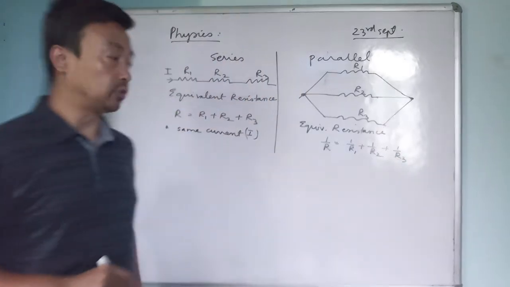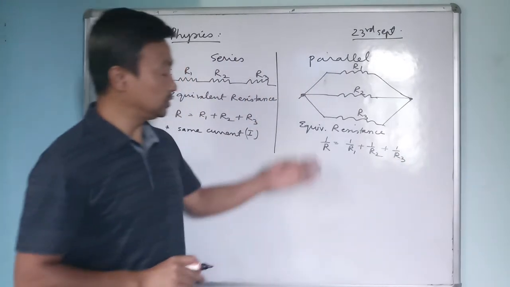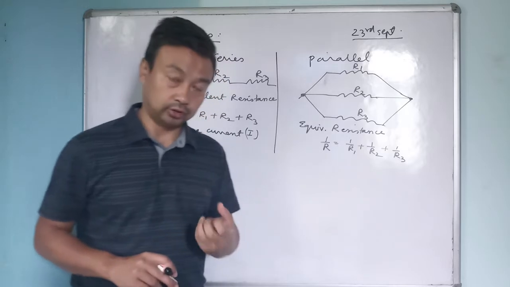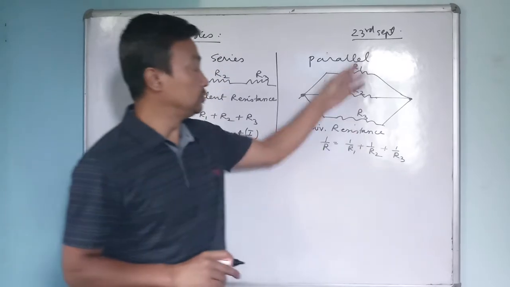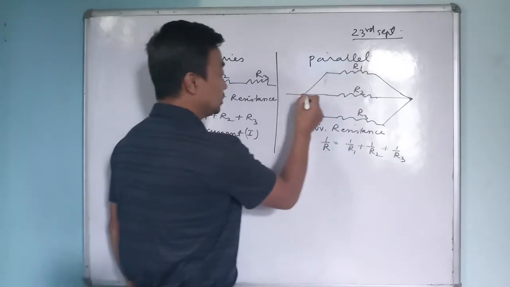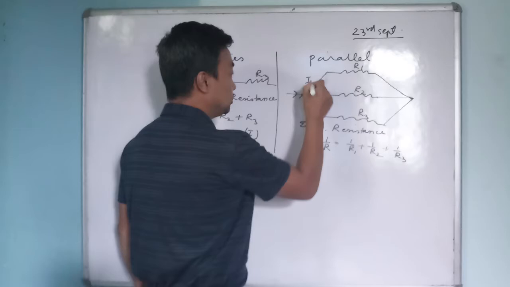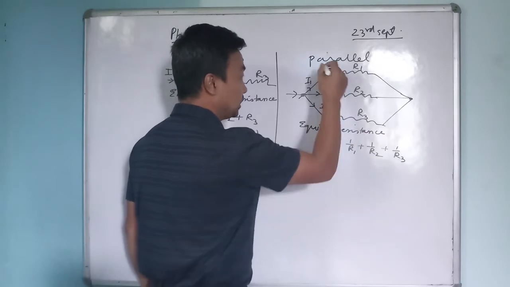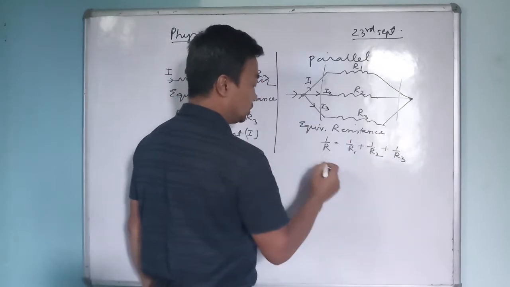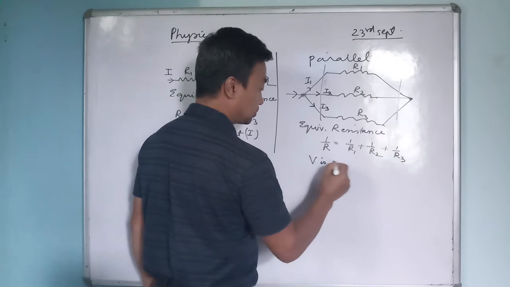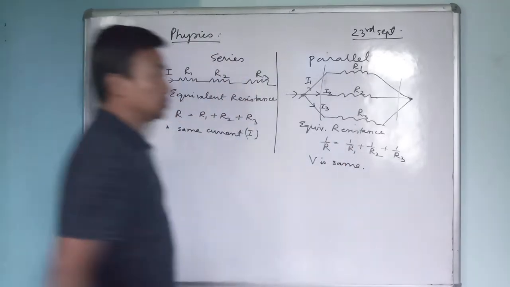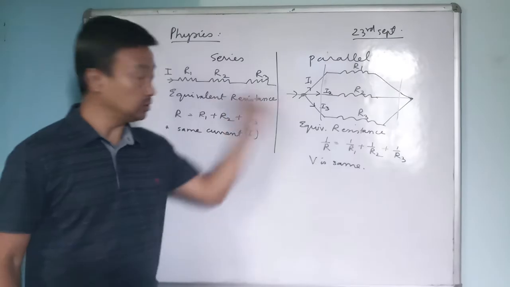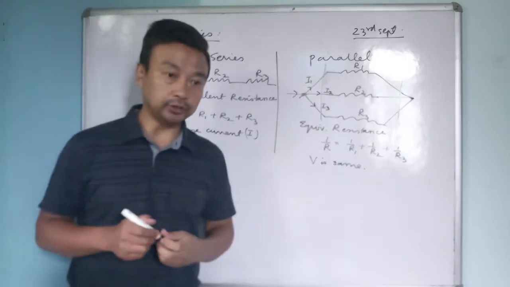Okay, so this was the formula, and from the formula, since it is a reciprocal, we find that the equivalent resistance will be less than the individual resistors, and here the current is not same, it is splitting into individual sections. So what is same here? The potential difference remains same here. So these are the two formulas, and using these formulas we will be doing the numericals.